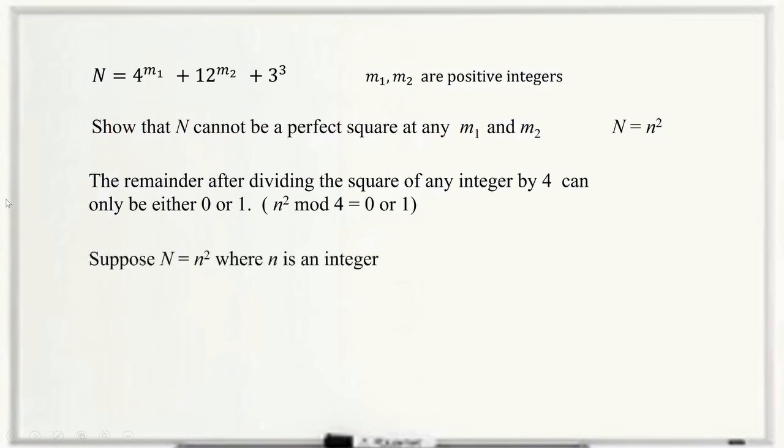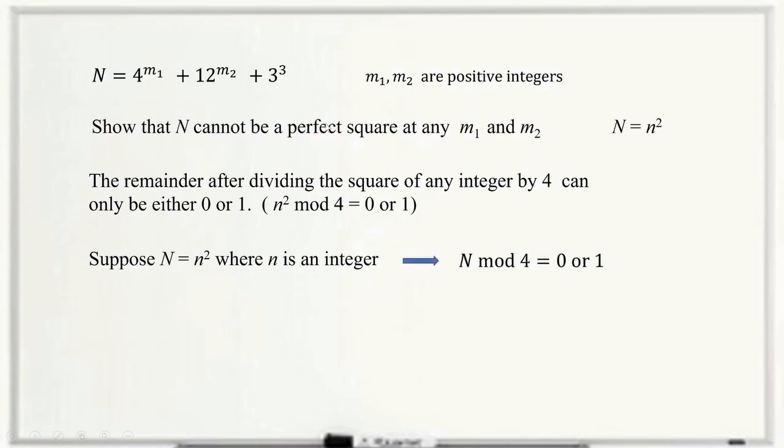We suppose that n is a perfect square, so it can be represented as the square of some integer. In this case, the remainder after dividing n by 4 can be only 0 or 1.